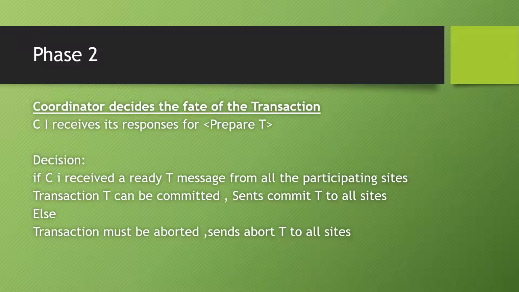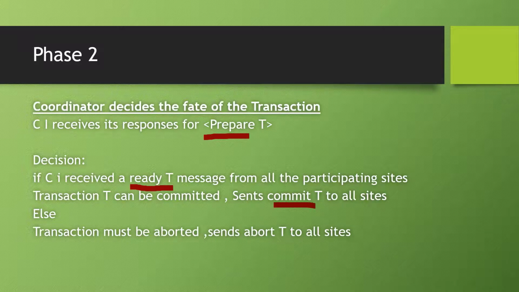In phase 2 of two-phase commit protocol, the coordinator receives responses from all the participating sites for its message prepare T. Now the coordinator has to decide whether to inform the sites to commit or abort. How will it decide? If the coordinator receives ready T message from all the sites, then it sends a message commit T to all the sites.